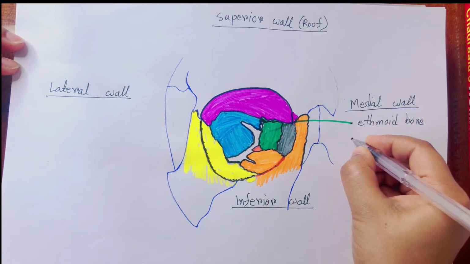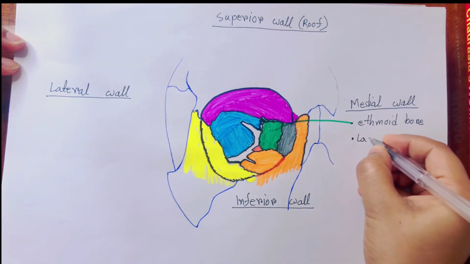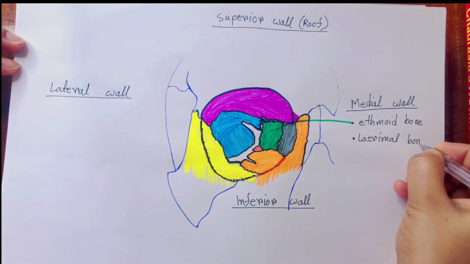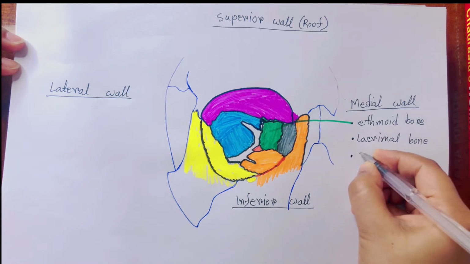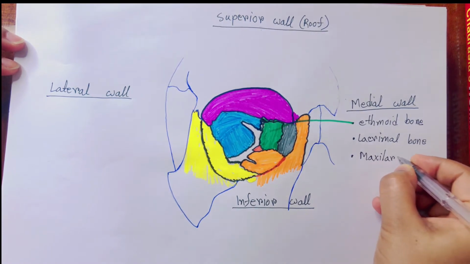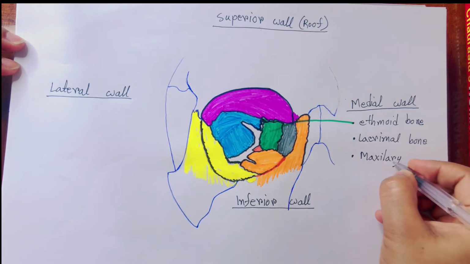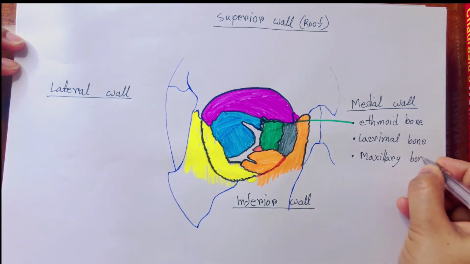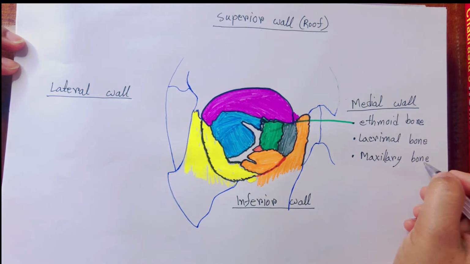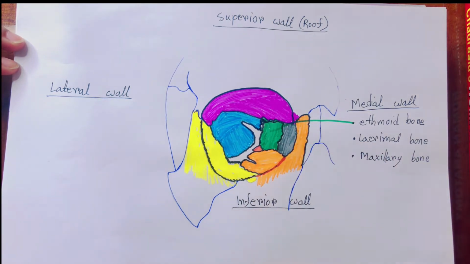Then lacrimal bone and maxilla or maxillary bone. Lacrimal bone and maxilla bone are present anteriorly.